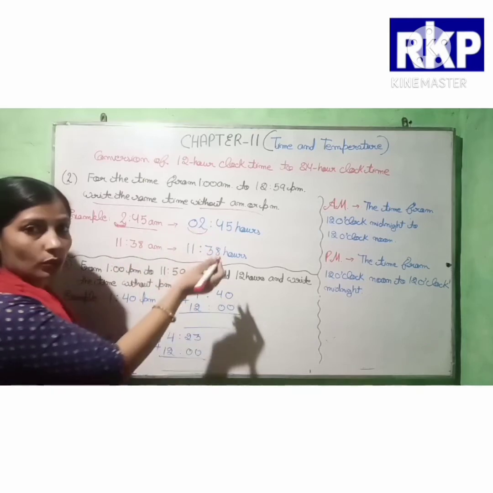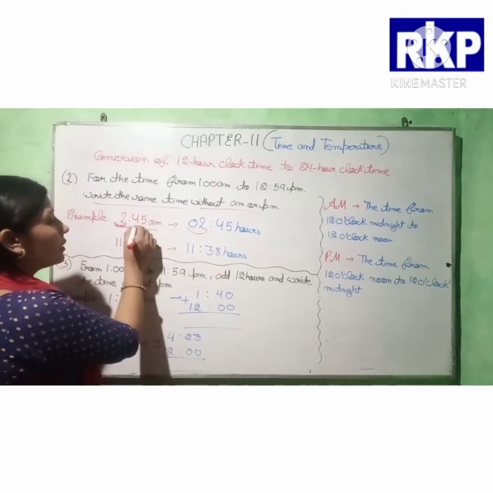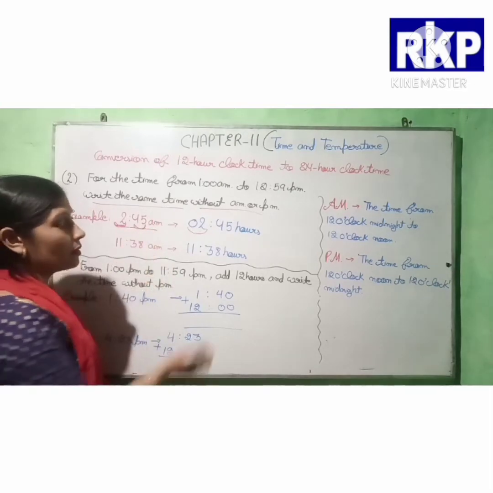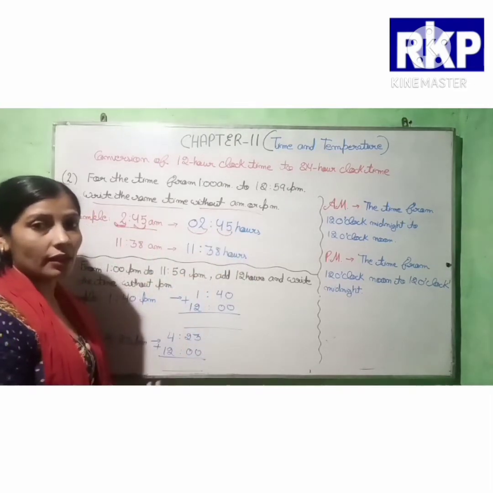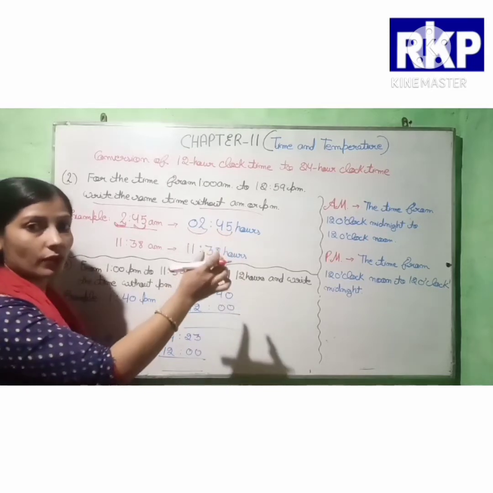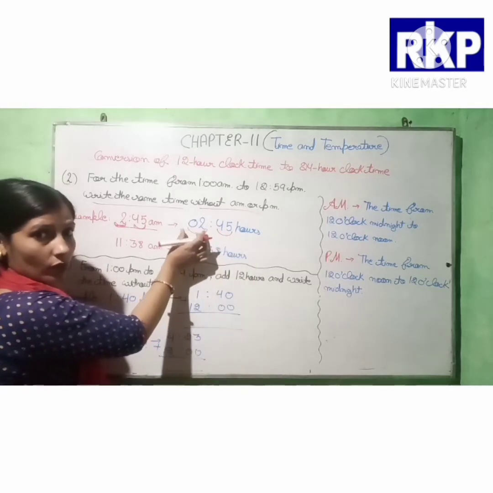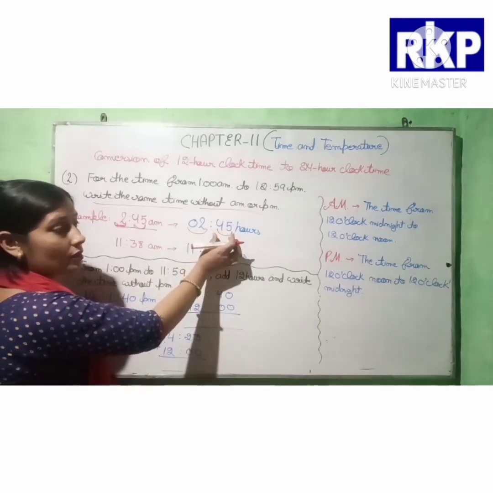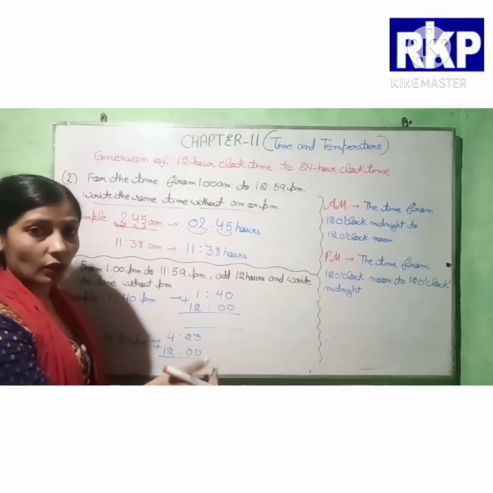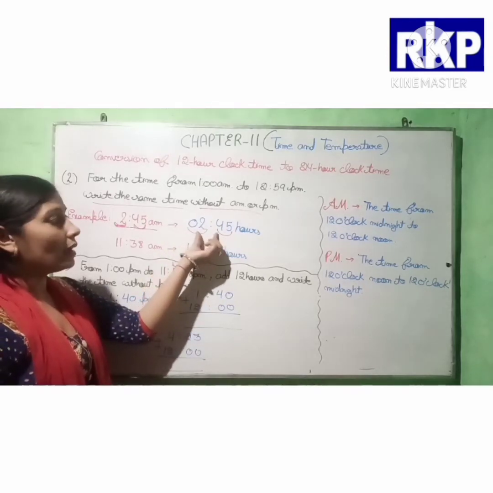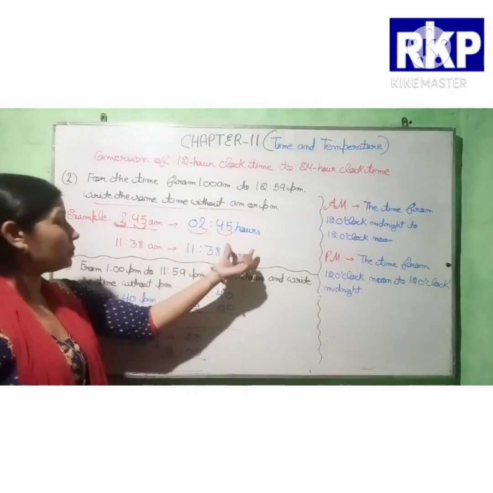Both are the same, and in this part we have 45 minutes, so we write 45 as it is. So what is the answer? Yes, 02 hours 45 minutes, or we can say 02:45 hours.